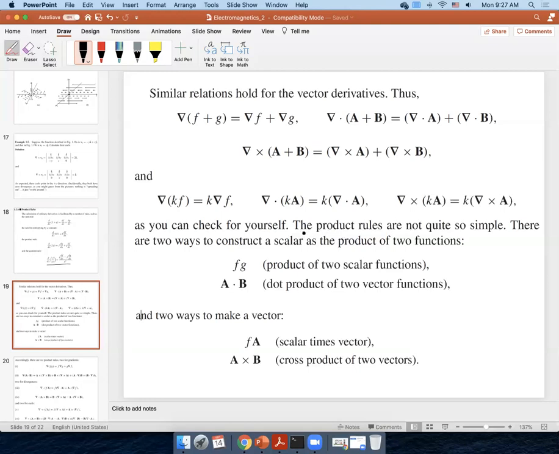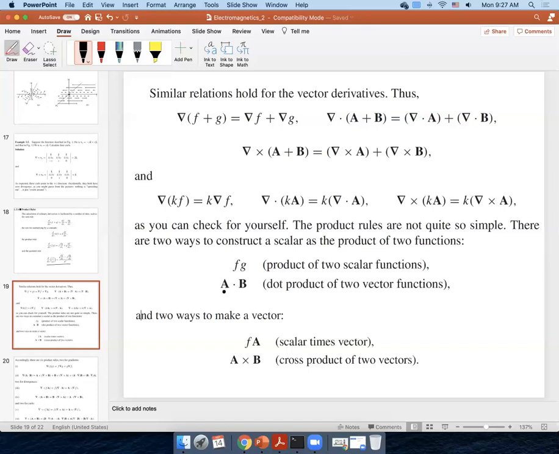So the product rules are not quite simple. There are two ways to construct scalars as a product of two functions. For example, if you have two scalar functions, f and g, the product of f times g is a scalar function.